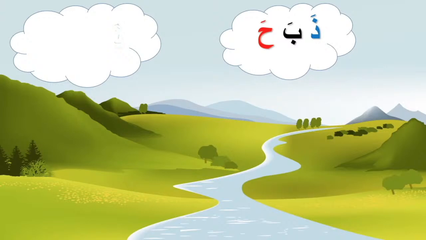So let's read the word and see how it's written together. Okay? So we have the, then ba. Together, the ba. Okay? Then comes the ha. Notice how the ba and the ha are connected, but the is not connected to them because the is a poor letter that cannot connect from the left. So the way to read this word is dhabaha, dhabaha.